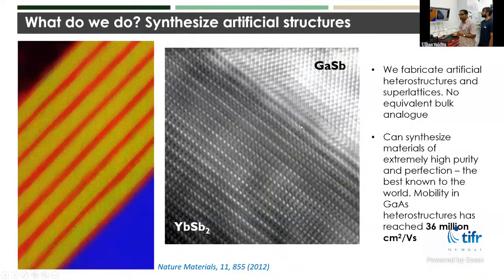Rudra showed you in the live demonstration how he grew this material on top of gallium antimonide. He grew YbSb2 on gallium antimonide. As you can see even from this TEM image, where you are actually seeing individual atoms, the crystal structure here is very different from the crystal structure of YbSb2.